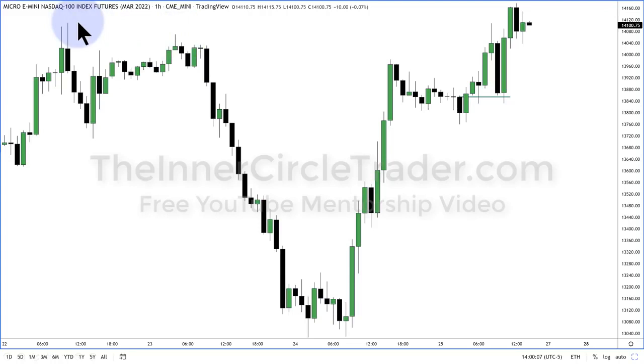Buy stops, or buy side liquidity. So I'm thinking the algorithm is not letting price go lower. It's going after everyone that's been profitable going short. So where are their stops? They're over here. We're just going to call it 14,110. Okay, real simple.